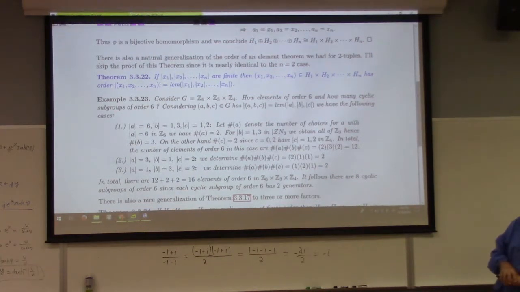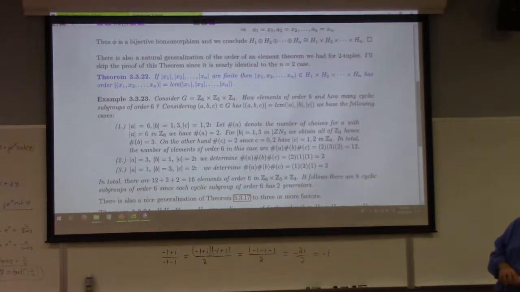How do I know I can form cyclic subgroups? It's relatively simple, right? I take these elements of order 6, I pick one of them, and then I generate a subgroup from that one. In the process of doing that, how many other elements of order 6 have I covered?